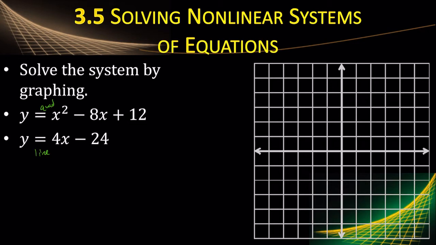For the quadratic, remember the vertex, or the axis of symmetry, is x equals negative b over 2a. So it'd be negative a negative 8 over 2 times 1, which comes out to be positive 4. So my table is going to be centered around the 4.